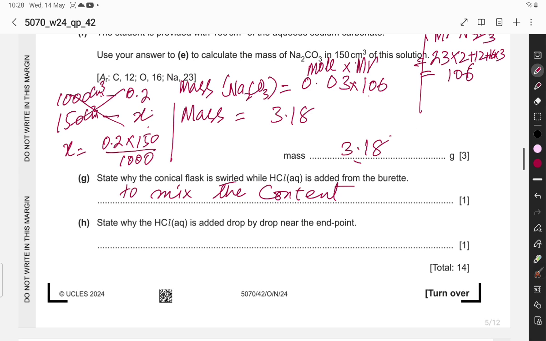State why the HCl is added dropwise near the endpoint. To ensure the endpoint is not exceeded.